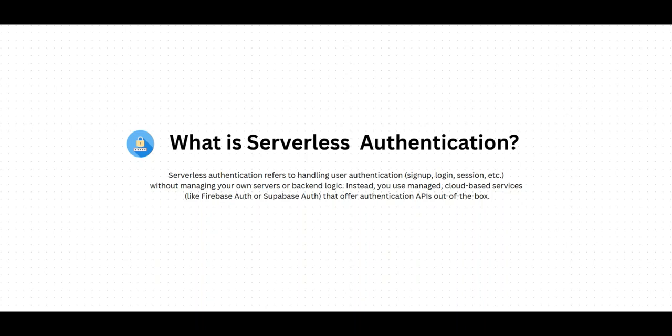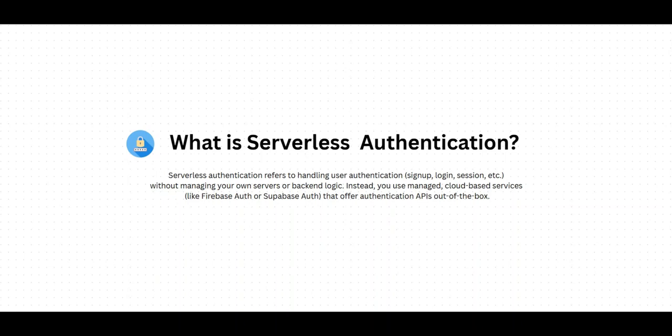Now let's quickly understand how serverless authentication actually works behind the scenes. Assume a user enters an email and password, or uses something like Google login. Your front-end app sends the credentials to the authentication provider, such as Firebase or Supabase. The provider then authenticates the user and returns a secure token, usually a JWT, JSON Web Token.